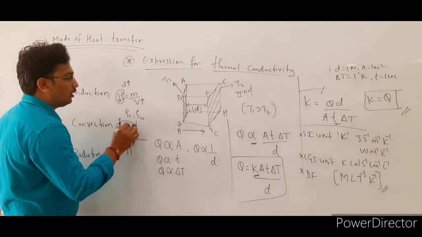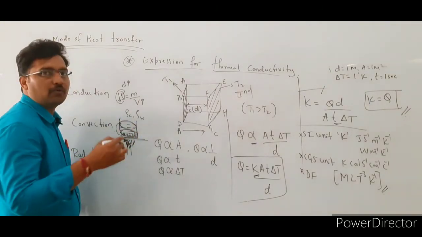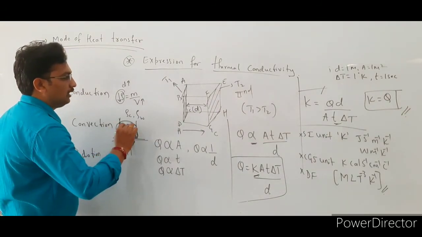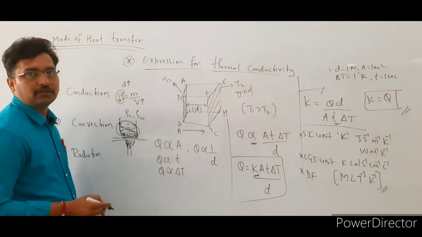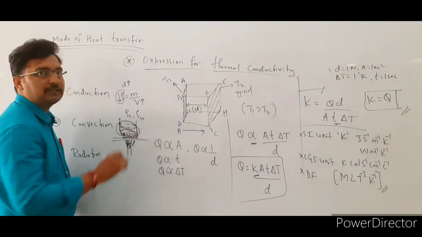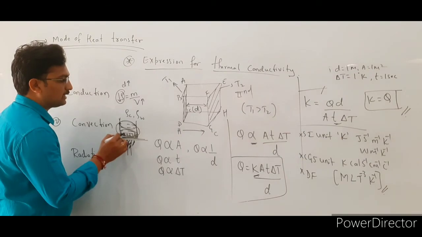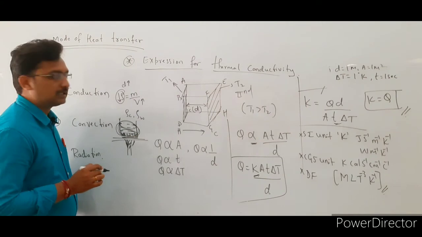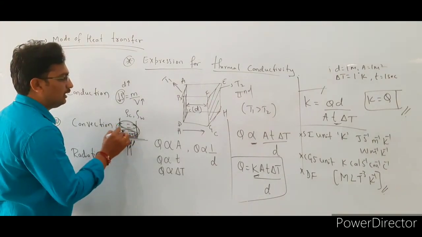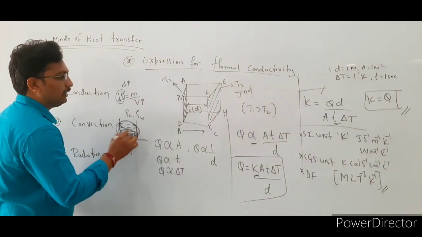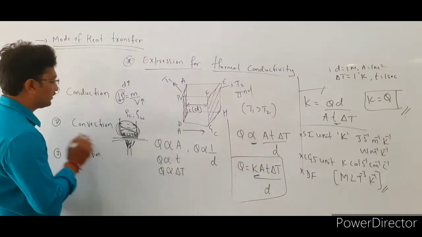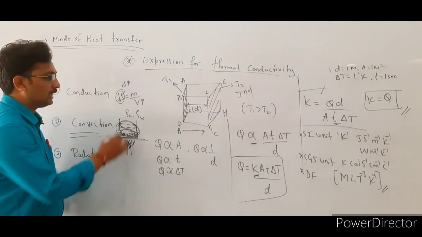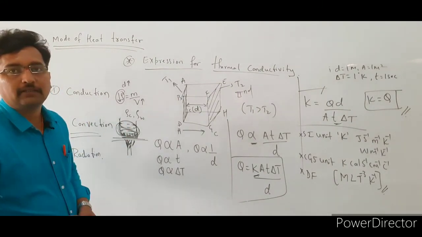This is the definition of convection: heat is transferred from hot end to cold end with actual movement of the particles.